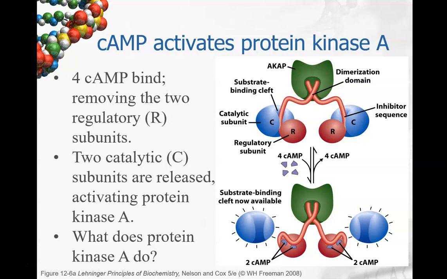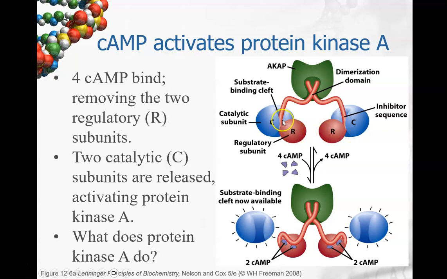What does cyclic AMP do? Well, it activates a protein called protein kinase A. This is kind of a goofy diagram, but this is really what it looks like. There are actually 2 copies of protein kinase A, shown in blue, and that C is for catalytic. There's another protein right here, and R is regulatory, shown in red.